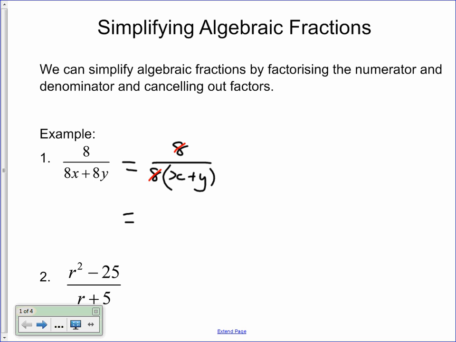That goes away, that goes away, and so we're left with 1 over x plus y. Much nicer and neater than 8 over 8x plus 8y. If you did more operations with this, it'd be much easier to use. Any questions about that one? That's just straight factorizing the way we used to.